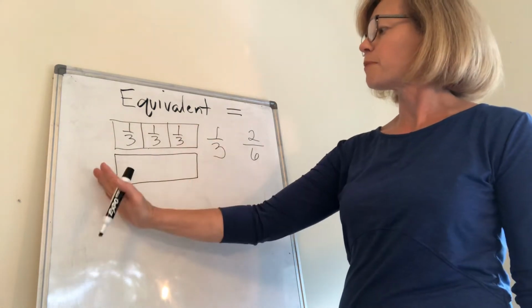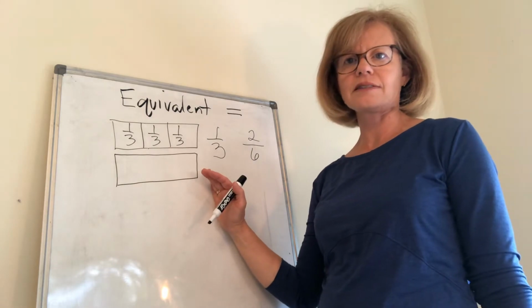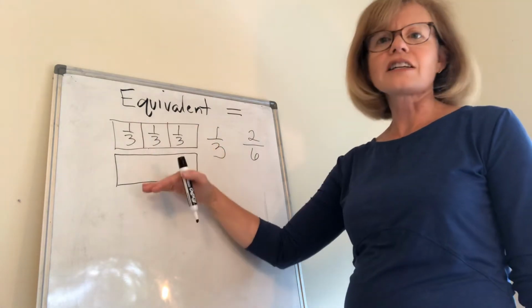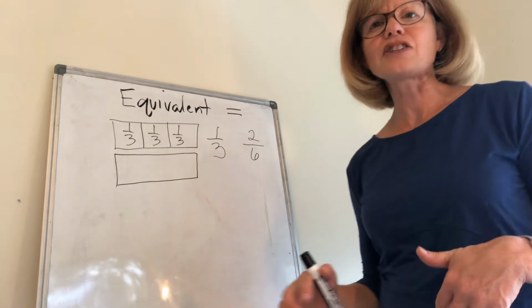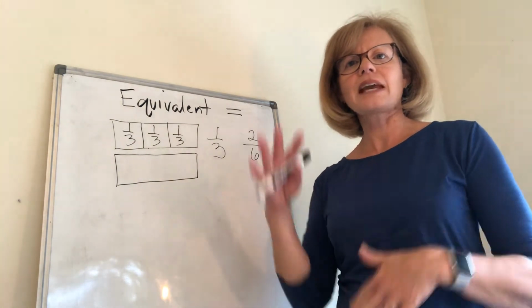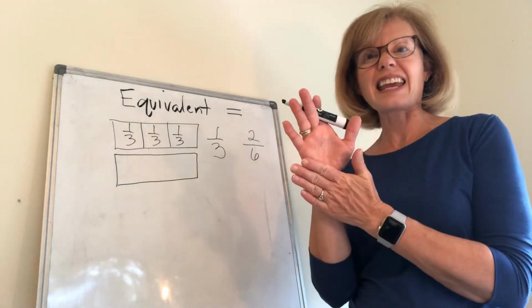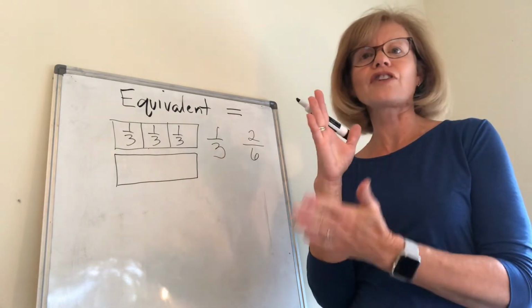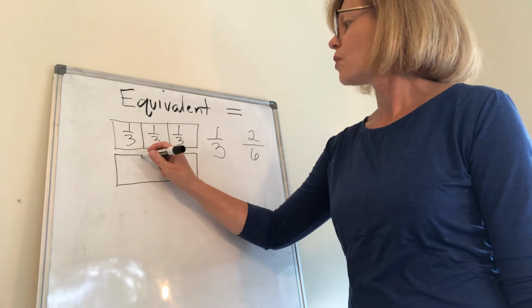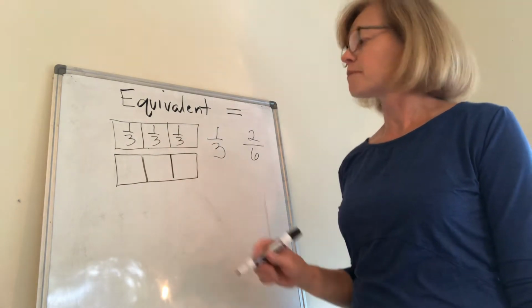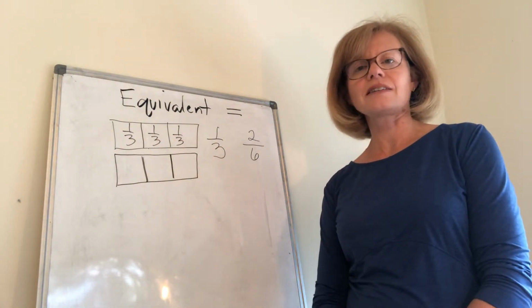Now notice that both of my shapes are the same size. And notice they're on top of each other because it allows me to really clearly be able to see whether they're equivalent or not. So notice how I'm going to divide my next shape into 6.